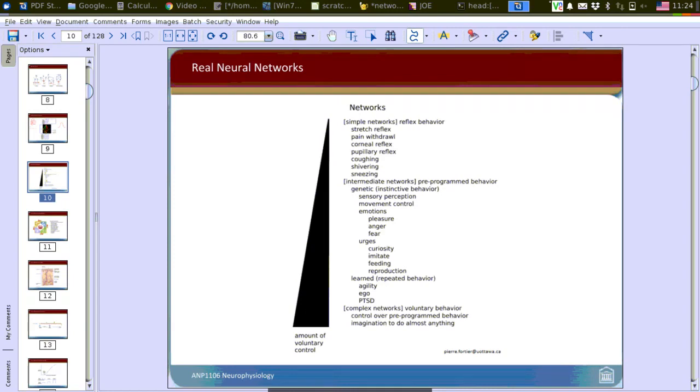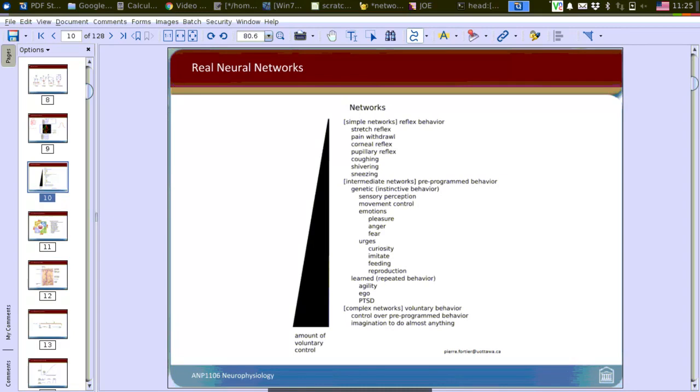Most of what we do is repetitive, and so involves these pre-programmed intermediate networks. These can be provided through genetic or through learned behavior.